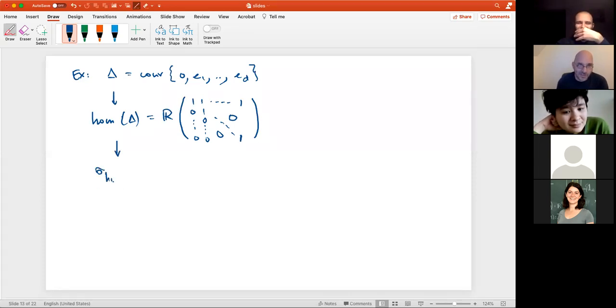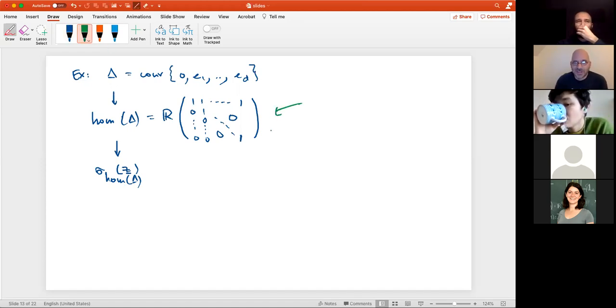So let's compute the integer point transform of this. This is multivariate, so z here is multivariate. How could we do that? Well, there's a reason why I'm choosing this example, because this matrix is super nice, correct?